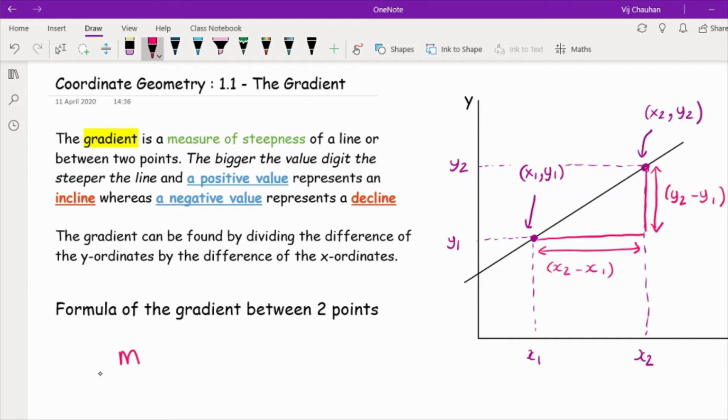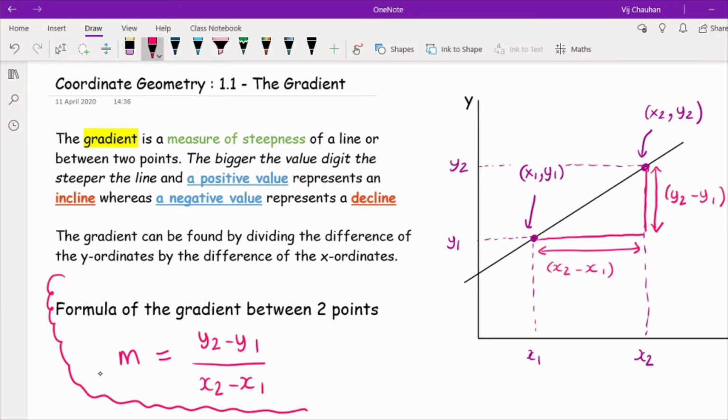Now if you think back to when you did y equals mx plus c, where the m represents the gradient, so here m is going to equal the difference in the y-units, that's y2 minus y1 over x2 minus x1, and that is certainly a formula that you would need to remember, like so.